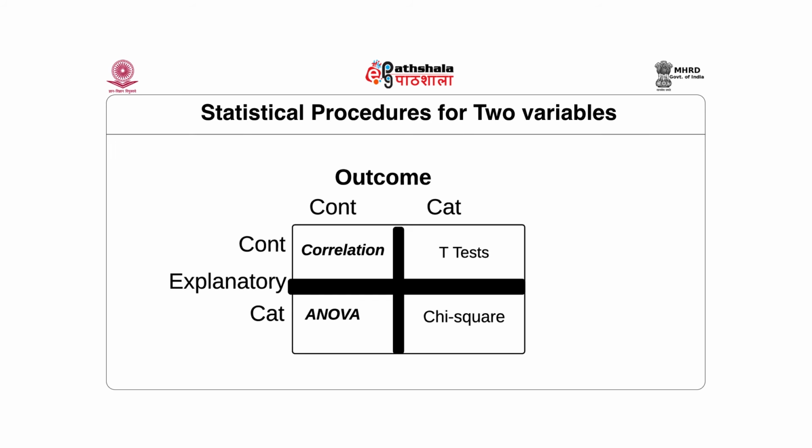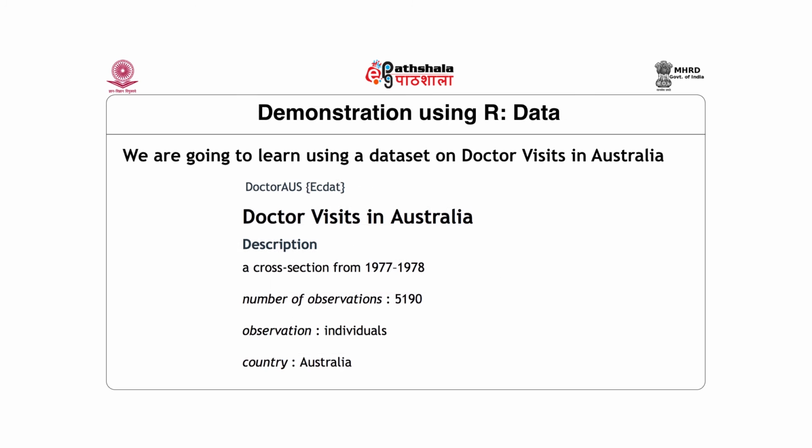So enough of getting on with some of the preliminaries that we set out to discuss. It's time that we start talking about putting everything together using a demonstration using R. In order to do that, we are going to use a data set which is contained within a package known as ECDAT.